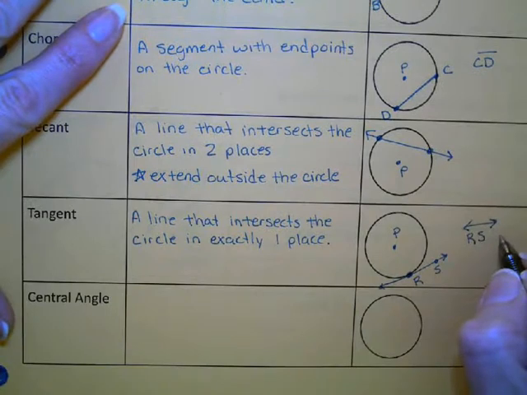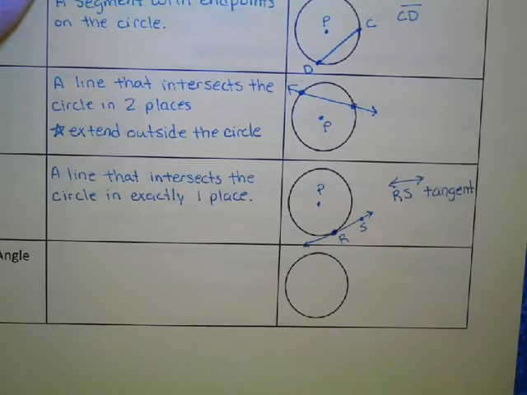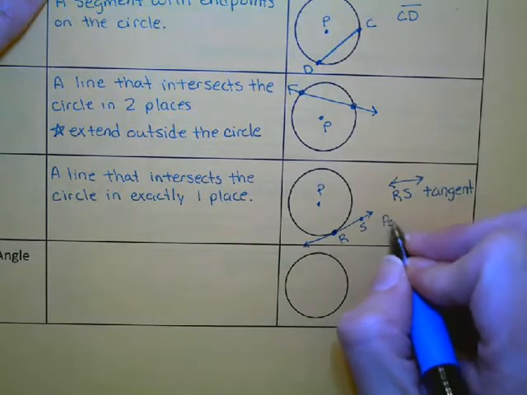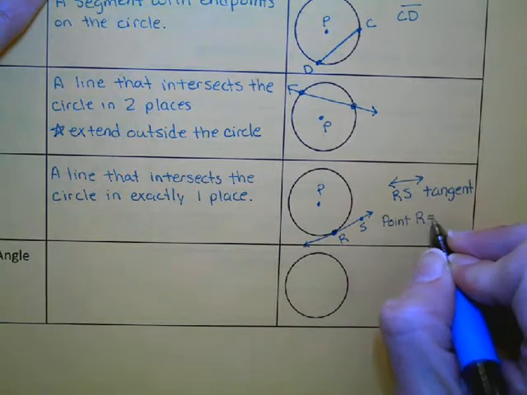So that's tangent. Okay, line RS is tangent to circle P, and this point where it intersects, we'll say point R, is called the point of tangency.